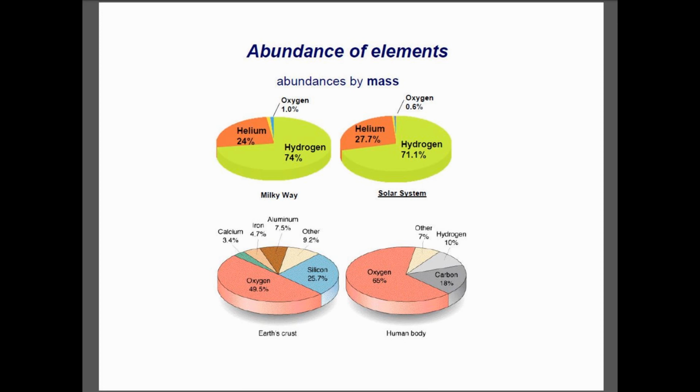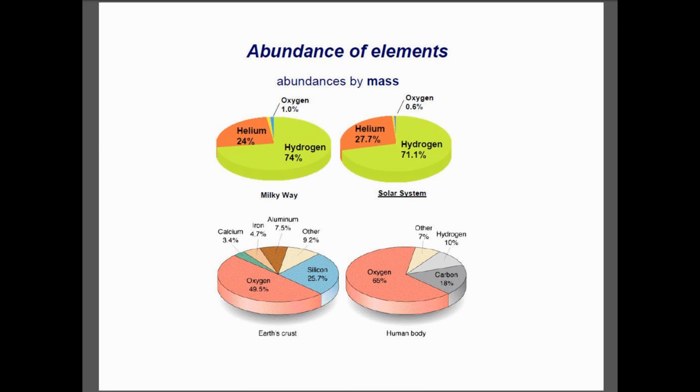And this is interesting. We have a good knowledge of that because it's our solar system. But it's representative of the whole Milky Way, which by itself is interesting. It's very close to that. I mean, there are some differences, but it's very different from what we know in the Earth's crust because of all sorts of geochemical and biological phenomena, and it's very different from our body, even.